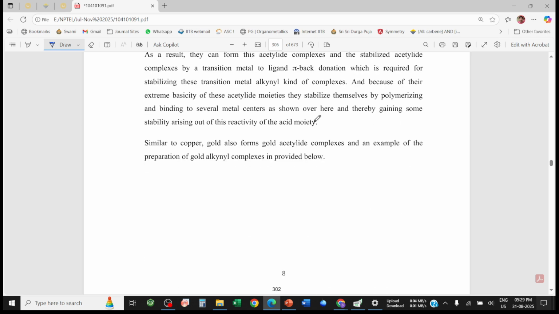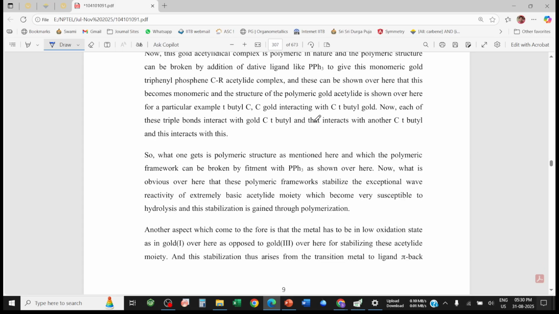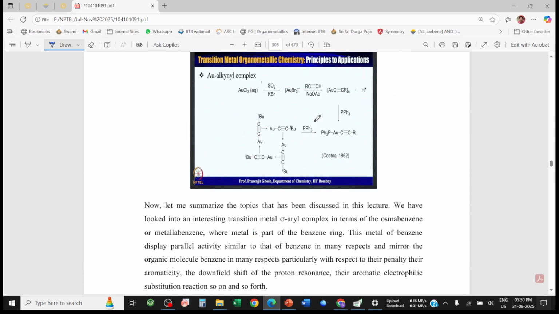Let's say for gold and heavy metals, the acetylide may be stable. And the last is when gold 3 reacts in SO2, it becomes gold 3 bromide, and then acetylide reacts with this. So this is the gold alkynyl complex.